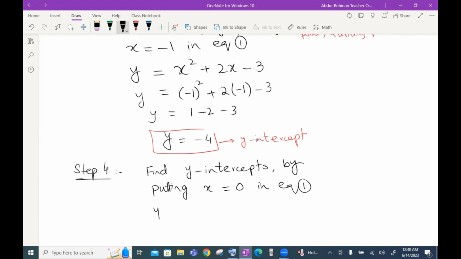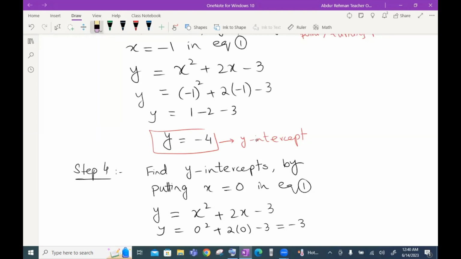Equation 1 was y equals x squared plus 2x minus 3, so y equals 0 squared plus twice 0 minus 3, which will be minus 3.